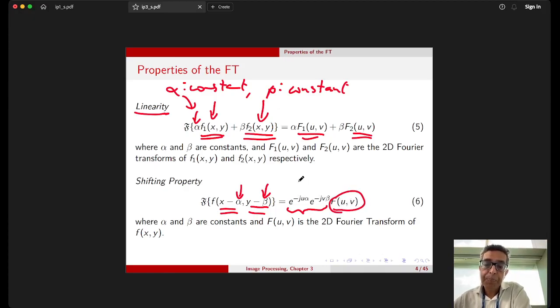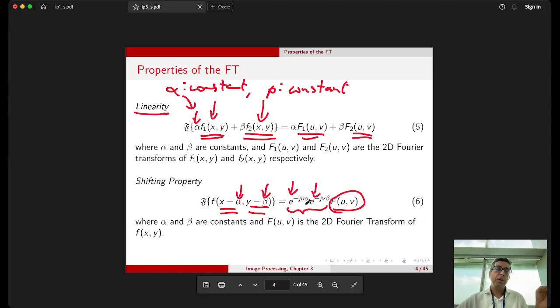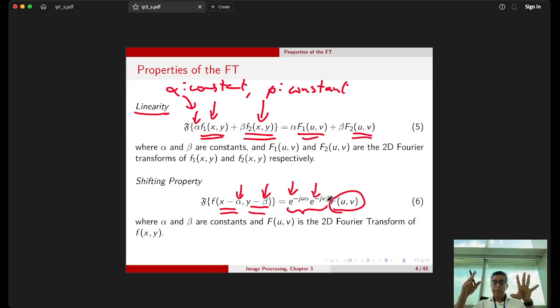But the important thing is that these two terms have a magnitude of 1, because each of these is a cos plus j sine. If you think of them as complex numbers that vary with u and v, and with alpha and beta, each of these two terms has a magnitude of 1, because cos squared plus sine squared will always give a magnitude of 1.